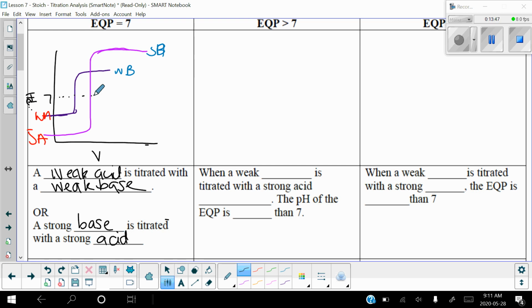If you have an equivalence point greater than 7, so what most likely is happening is, there's your 7, you are having a weak acid titrated with a strong base.